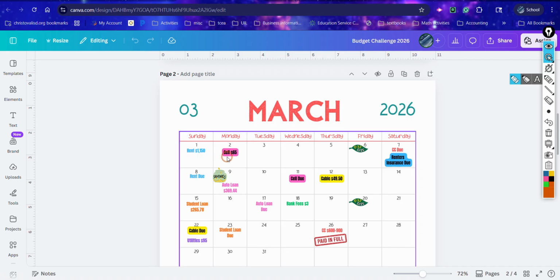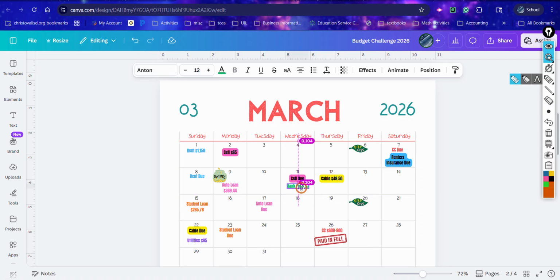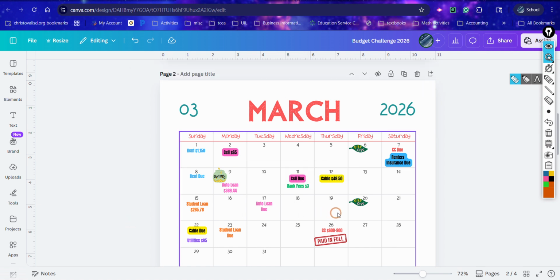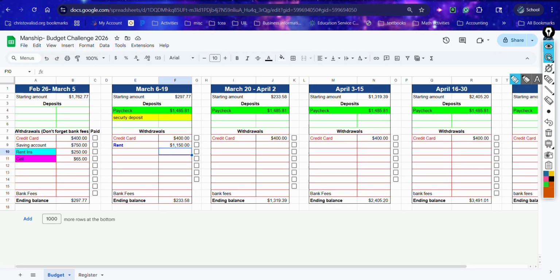And this is where having your calendar in front of you, you can check off what you've covered. I know, oops, my bank fees got moved to the wrong spot. I know I have bank fees coming out on the 11th, so I need to come down here on my calendar and record that. Your number is going to fluctuate depending on which bank you chose, but I have $3 in bank fees.